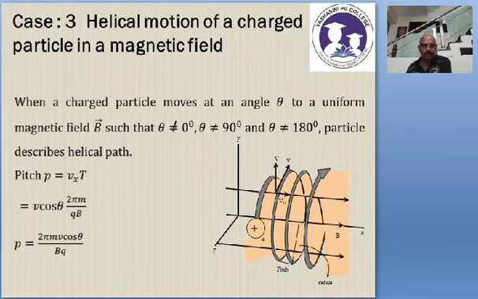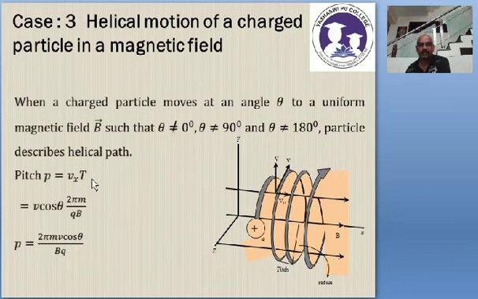While considering pitch, you have to consider the x component, or parallel component, of velocity into time period. Distance travelled is equal to velocity into time. Which velocity do we consider? No doubt, the parallel component of velocity, because it is responsible for the charged particle moving in the direction of the magnetic field.